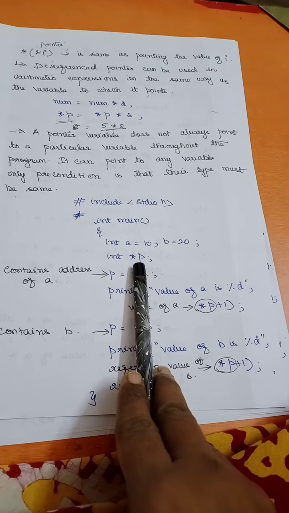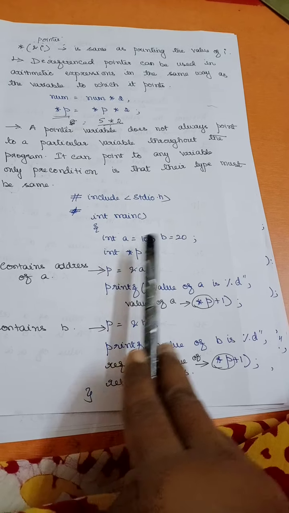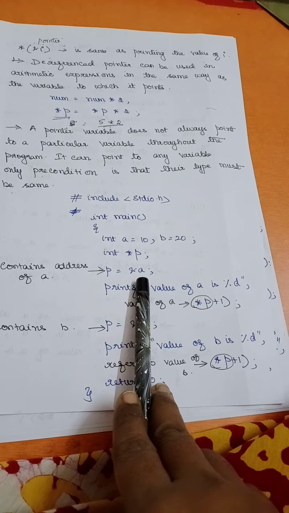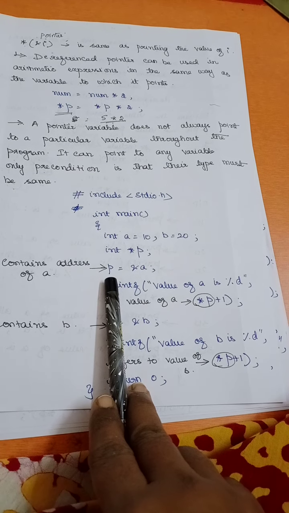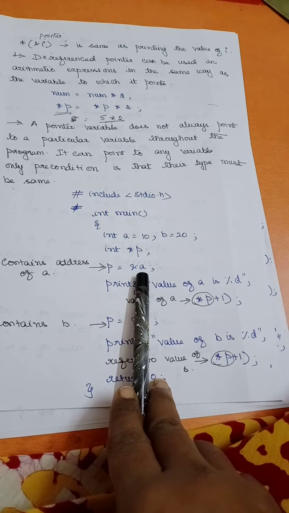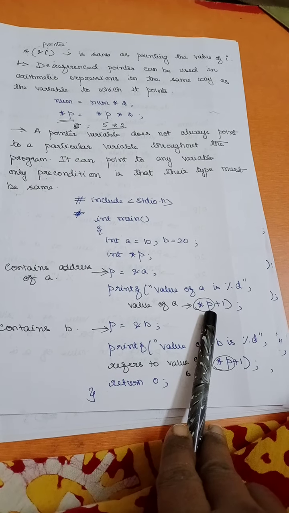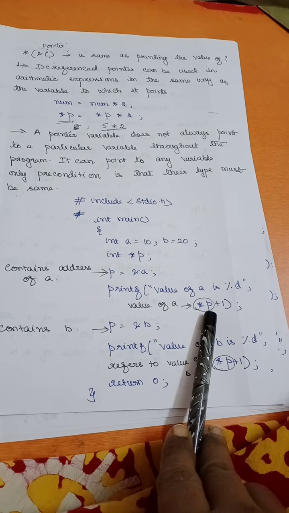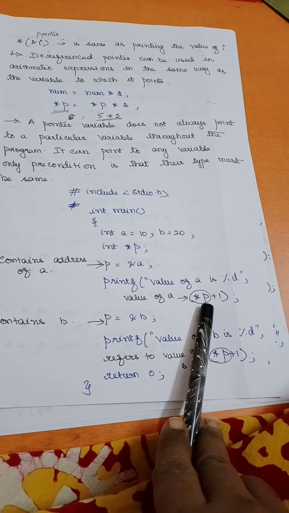It is a pointer variable pointing to an integer. P equal to ampersand a. The address of a is assigned to the pointer variable p, so p contains the address of a. If I directly write p, that will print the address of a. If I use star p, it refers to the value present inside a.